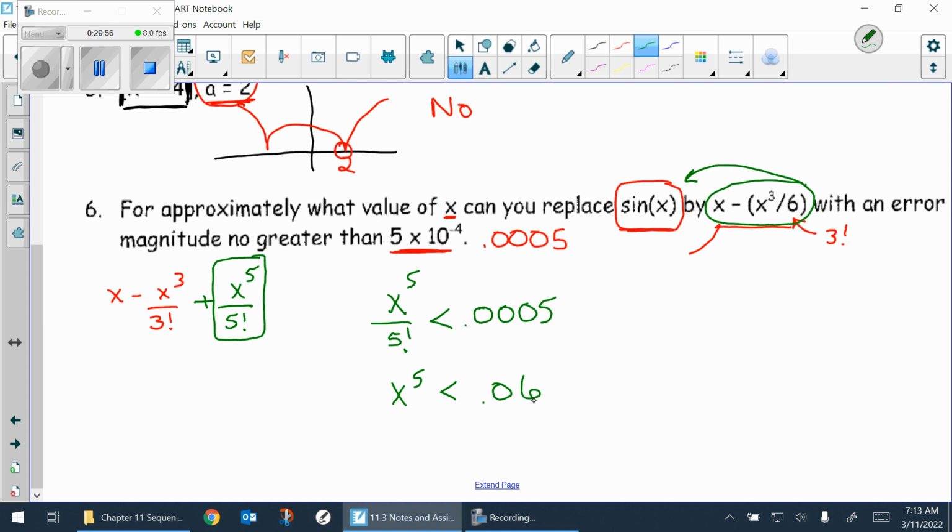So now I got to use my calculator. I've got to do a math item 5, which lets me do the x root. I am going to take the fifth root of x to the fifth. I'm going to take the fifth root of 0.06.